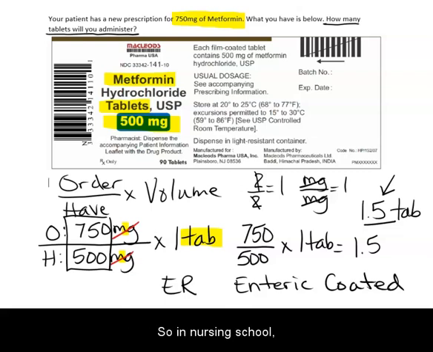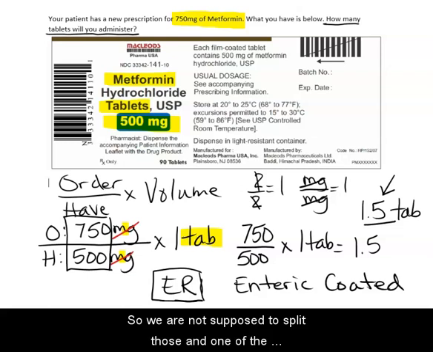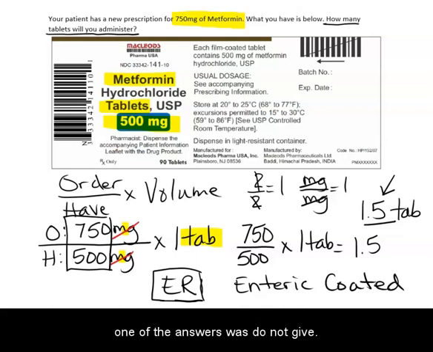So in nursing school, we had a question more than once that it was a pill that had that ER on it, so we are not supposed to split those. And one of the answers was something like 1.5 tabs, but then one of the answers was do not give.